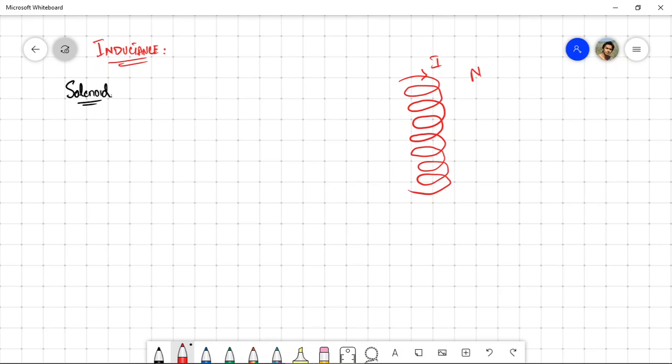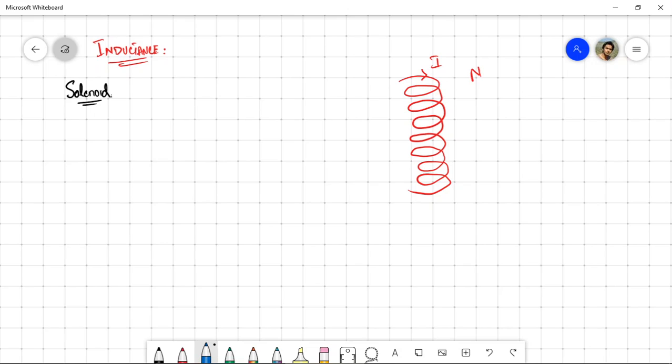So if these turns are very closely wound and a current I is flowing through this solenoid and it has n turns, then it has the tendency to produce a uniform magnetic field within its central region, and that uniform magnetic field will resemble that of a permanent magnet.